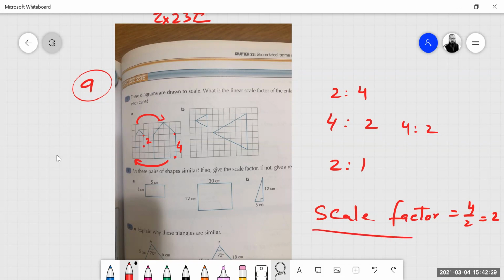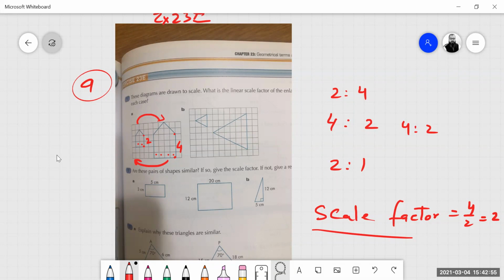So the scale factor is 2. Look, 1, 2, 3, 4. This side is 4. How many should be this side? 2. I hope you understand it, inshallah.